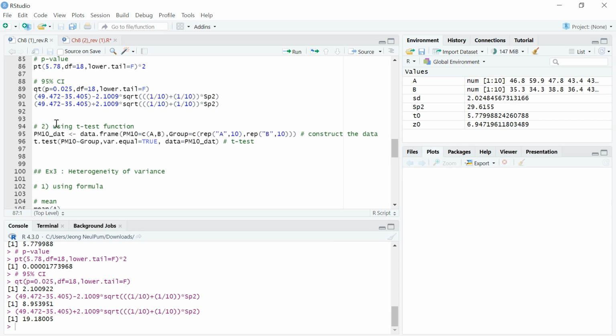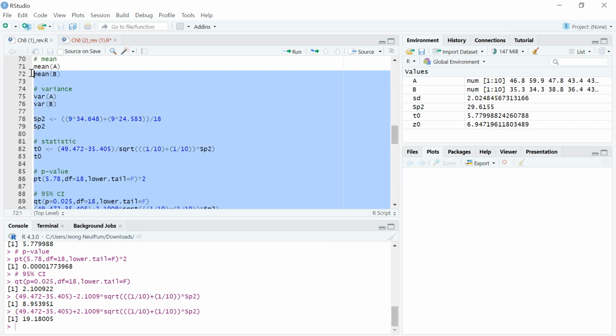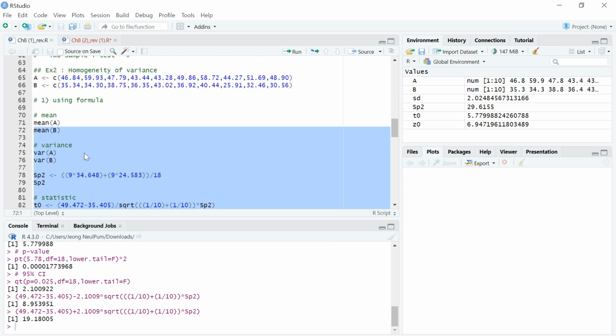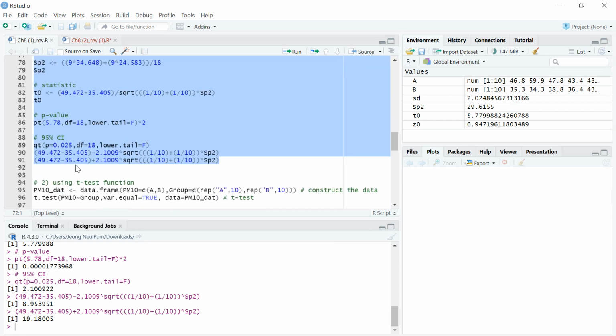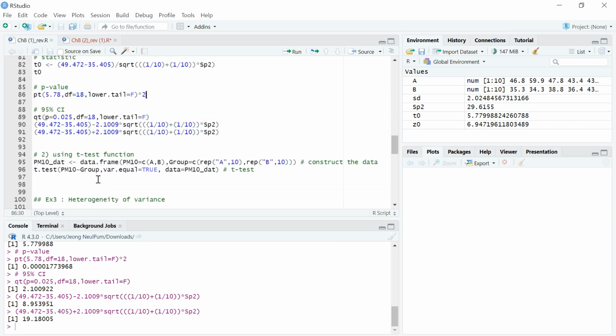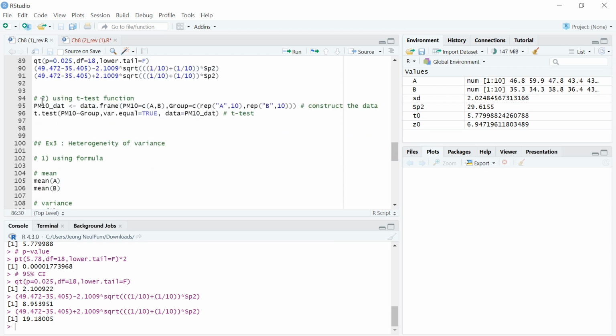Additionally, this is the process we used to get the answer for constructing the confidence interval or getting the p-value of our hypothesis test. But actually, there is also an innate function in the programming that implements the hypothesis test instead of us.